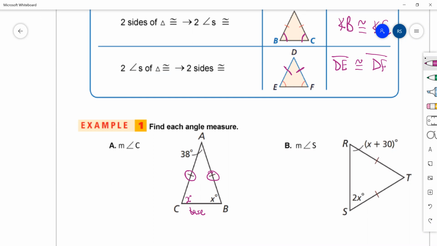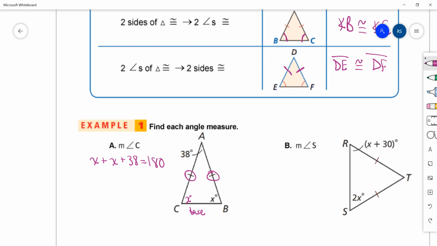So if we think back to yesterday, you'll remember hopefully that all the angles in the triangle add up to 180. So to find our x, we have to add up all of our angles and equal them to 180. So x plus x plus 38 equals 180.